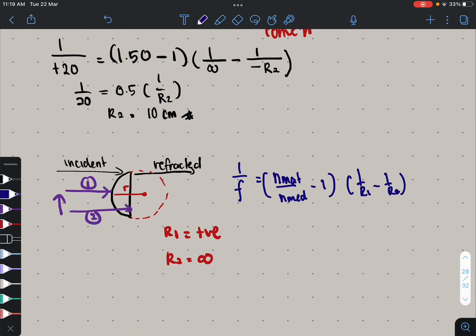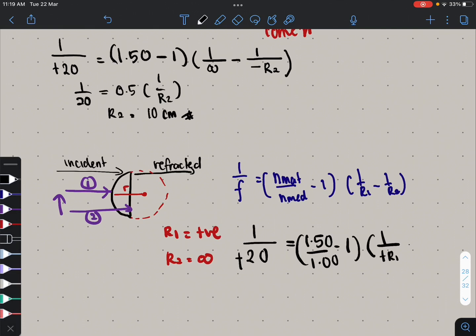And then to use this equation, to substitute f we must consider the type of lens. Plano-convex is positive, as we discussed earlier. So 1 over 20 equals 1.5 minus 1, times 1 over positive R1 minus 1 over infinity. 1 over infinity becomes 0.